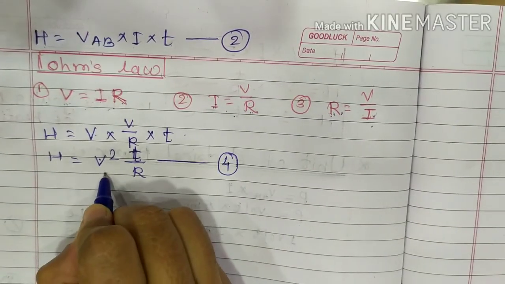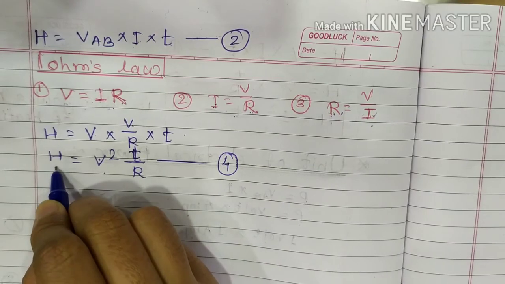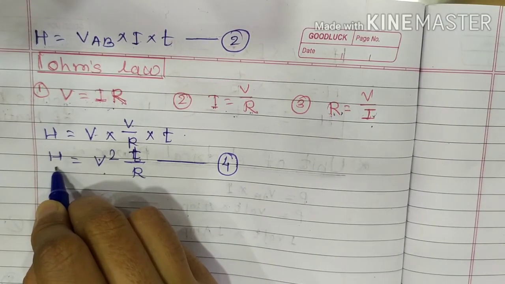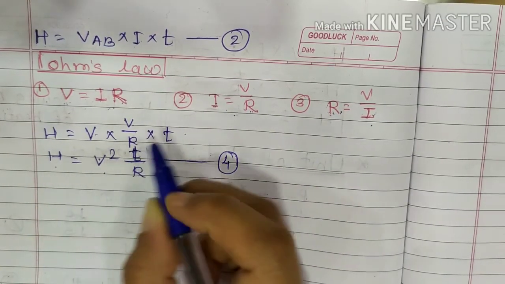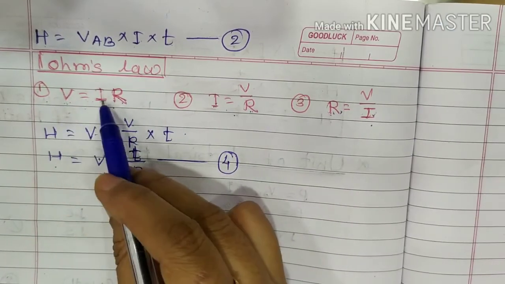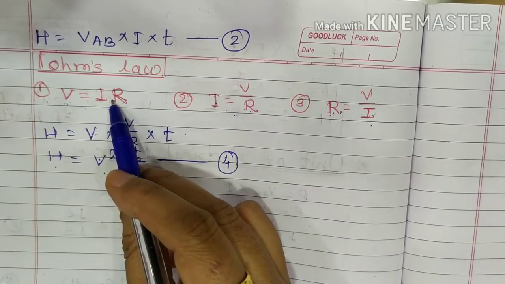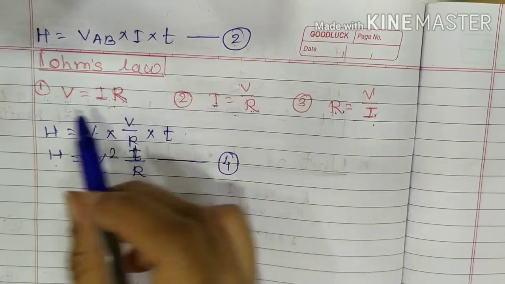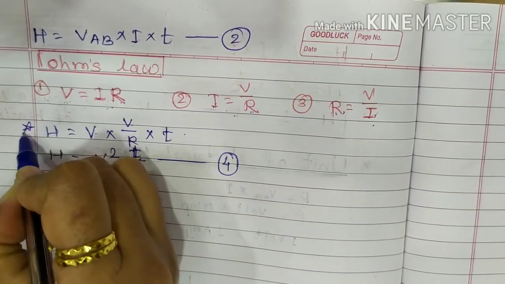By this formula also we can derive the heat produced in the resistance. This is one way.